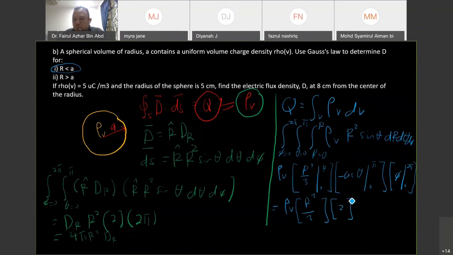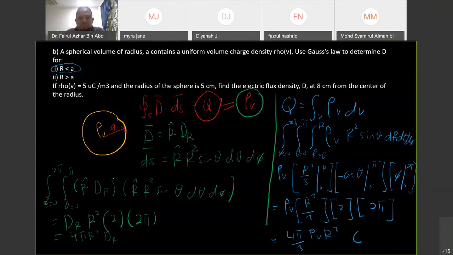The integration of phi gives 2 pi. If you solve this together, we have 4 pi divided by 3 multiplied by rho v and r to the power of 3. The unit is coulomb.